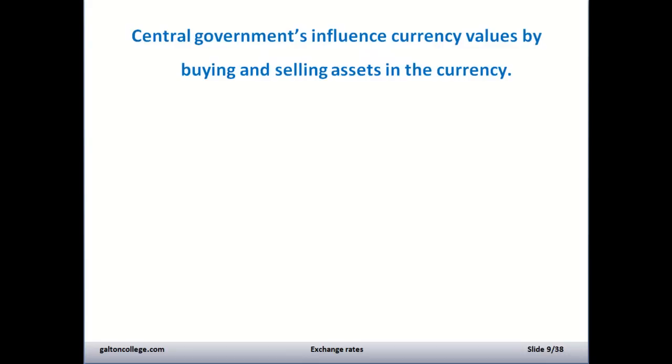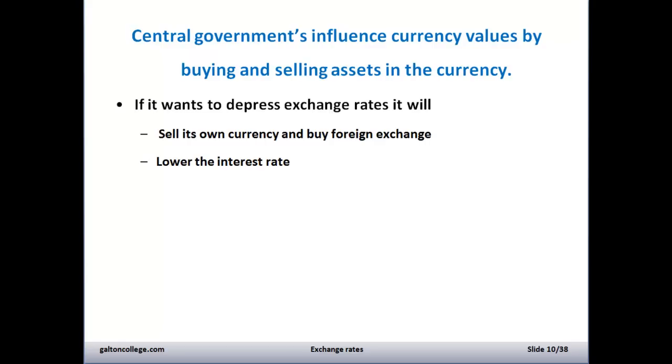The central government influences currency by buying and selling its own currency. If the government wants to depress the exchange rate, let's say it wanted the exchange rate to fall, which would make imports more expensive, which would mean domestic industry would have to produce more and perhaps more employment as a consequence and a better rate of economic growth and so on.